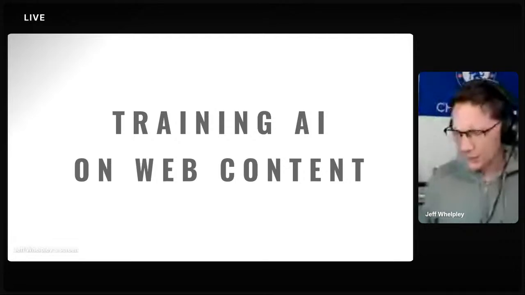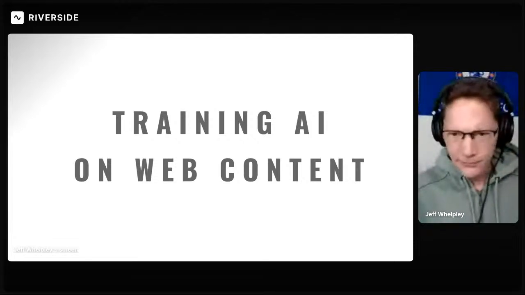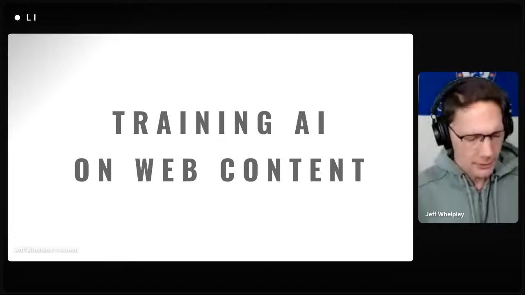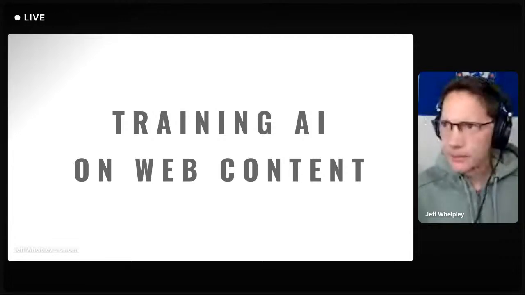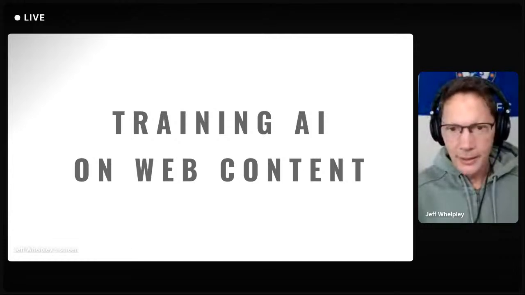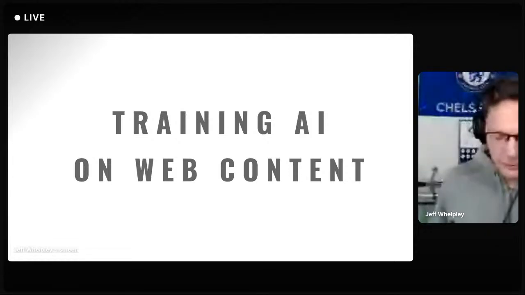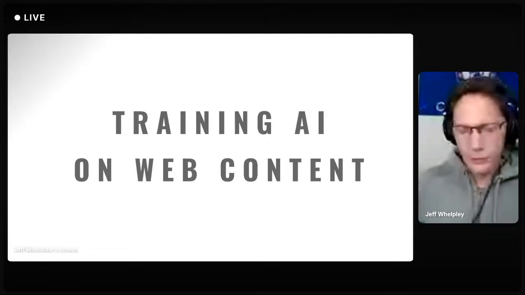and then training AI and web content. There's a lot of stuff for this section. I have a ton of SEO experience, that's been my main thing for the past couple of years, and I see a lot of things in the process of changing right now.